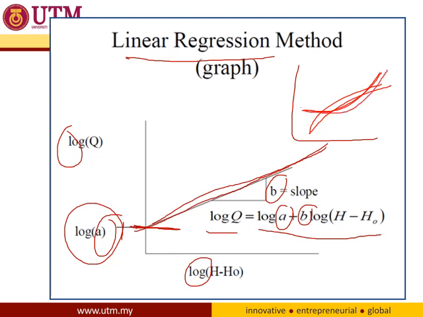Then you can just use Excel to get the equation, y equals to what, the equation of the line. Or you can use log to get A and B. This is if you calculate manually on paper, you can log Q and log H, and then you get the relationship and you get the formula.